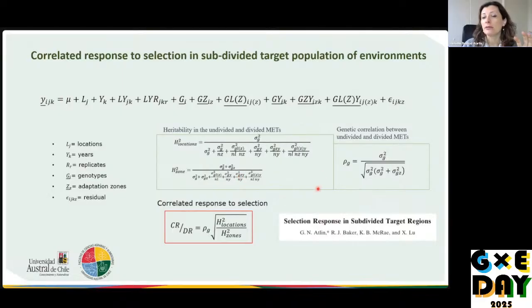And then we can calculate the genetic correlation between the regions, and we can come up with this equation that was proposed by Adlin many years ago already, I think it was almost 20 years ago, to check what do we gain in terms of response to selection when we select for specific adaptation to each of the regions, whereas when we select ignoring this specific adaptation to each of the regions.